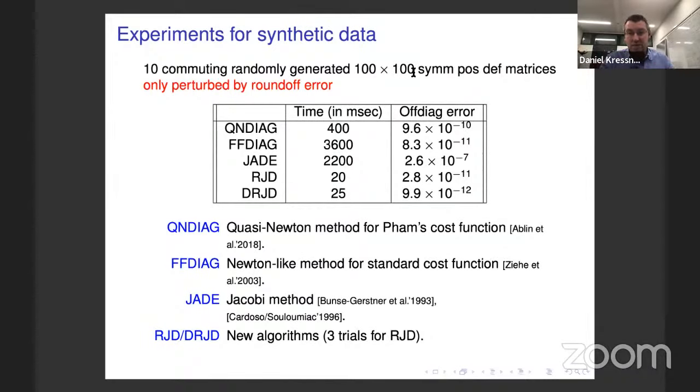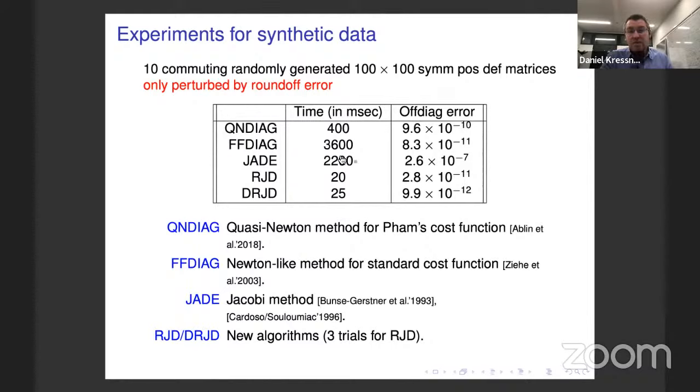We choose some randomly chosen diagonal elements which are positive, transform it with a random orthogonal matrix, and in the first experiment it's only perturbed by roundoff error. What we list here are the timings of the different methods in milliseconds. These are not large problems, just 100 by 100 matrices, just 10 of them.